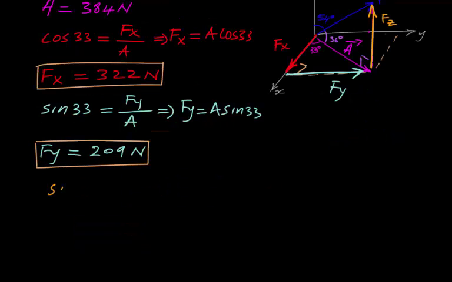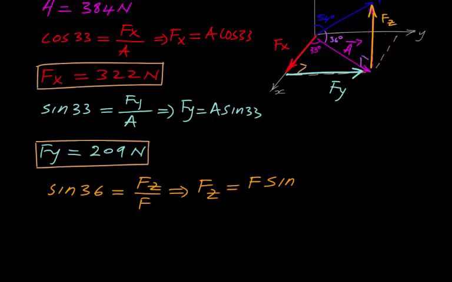Therefore, sine 36 equals opposite, which is the fz, divided by the hypotenuse, which is the vector f. Isolating the fz, you're going to get f sine 36. Notice that you could use the vector A if you want to, but in that case, tangent of 36 equals opposite fz divided by A. You would get exactly the same answer.